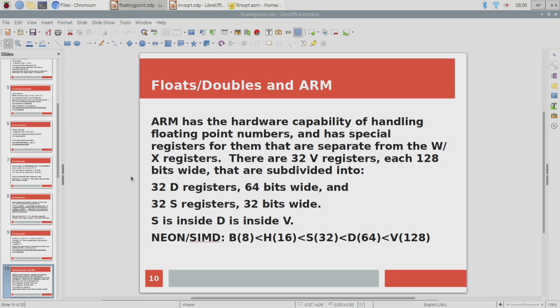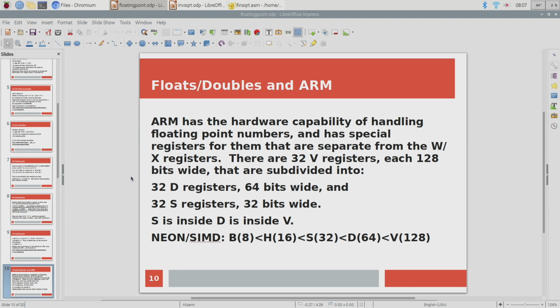And then they all sit inside the V. The V registers are 128 bits wide, the big chunk. Within that, you can do the lower 64 bits as a double, the lower 32 bits as a single, the lower 16 bits as a half, and the lower 8 bits as a byte.